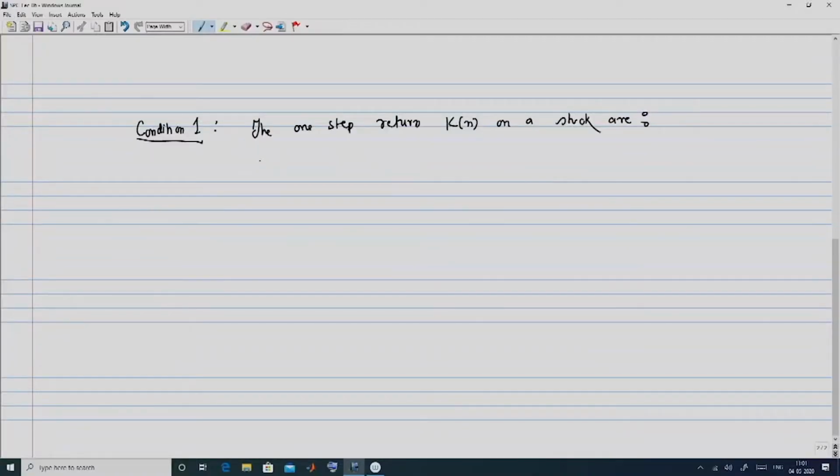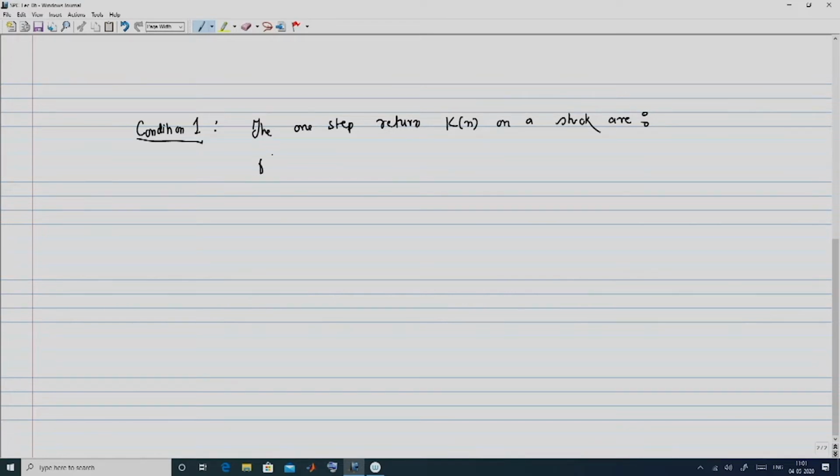Suppose we take some time points n and n plus 1, then the return in this particular time interval will be given by the stock price at time n plus 1 minus the stock price at time n, divided by the stock price at time n. Then this return is going to be a random variable.